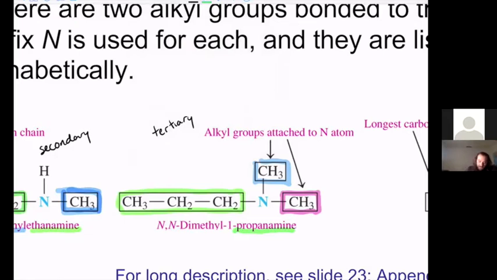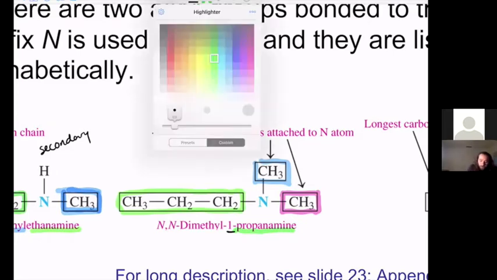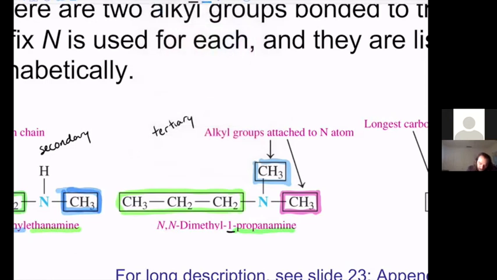And because it's 3 carbons or larger, I had to specify the location of that amine group on that propyl parent chain. The other 2 groups are both methyl groups. So I'm going to have N for one of them, N for the other one, dimethyl, right? Since they're both methyl groups, it would be dimethyl. Both of them are located on the nitrogen, so it's N,N-dimethyl 1-propanamine.